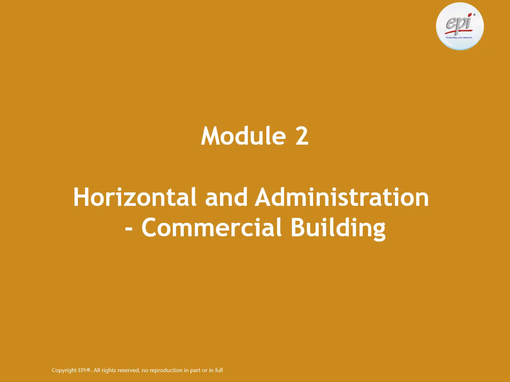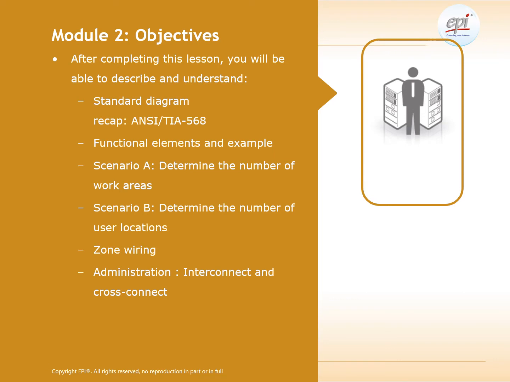Module 2, the horizontal and administration design for the commercial building. We'll talk about the 568 standard diagram. Inside the standard, there are different functional elements or components.